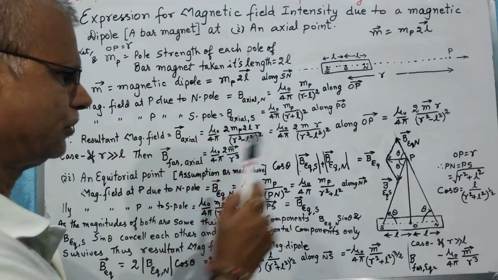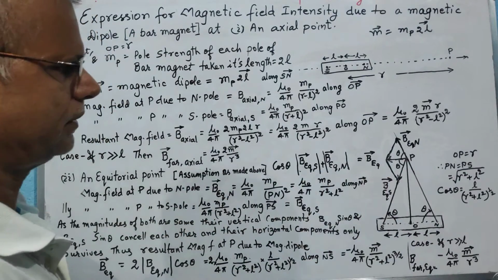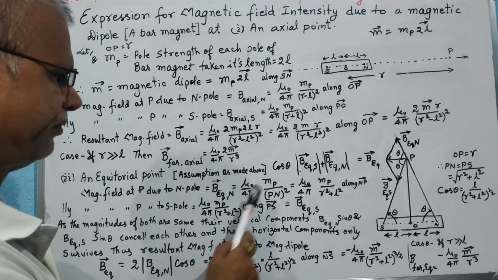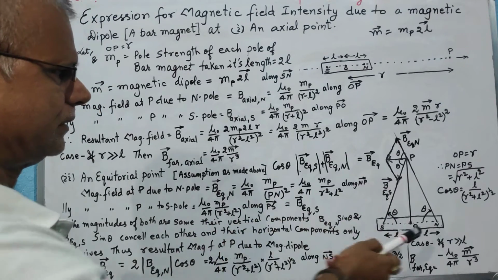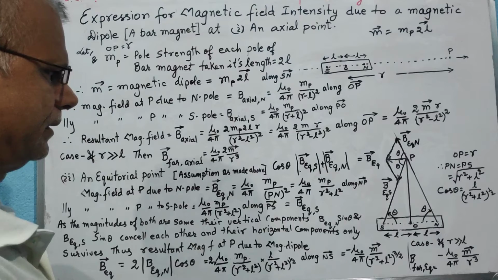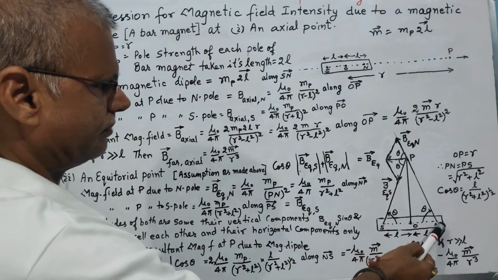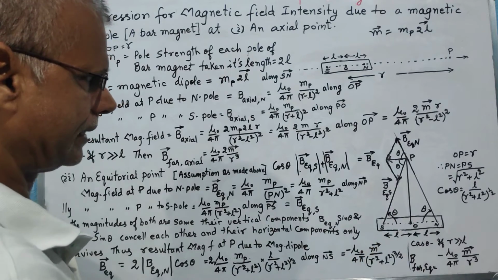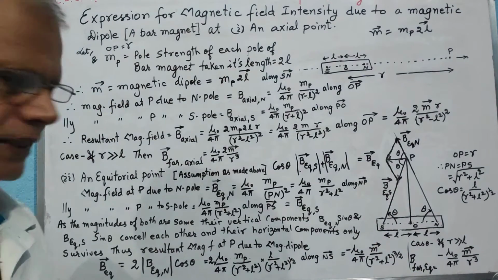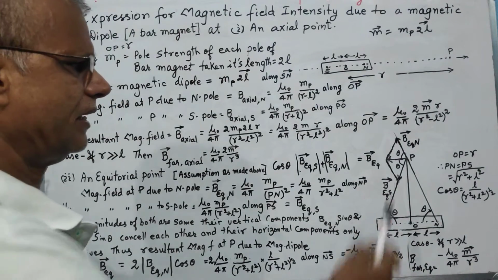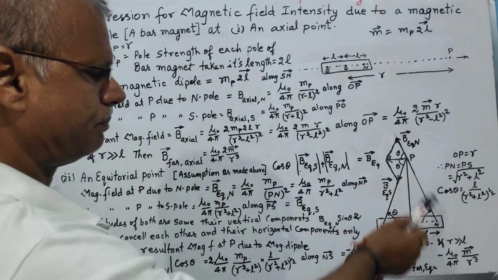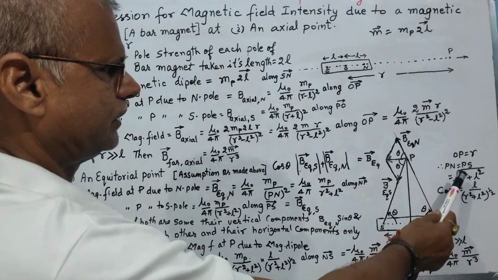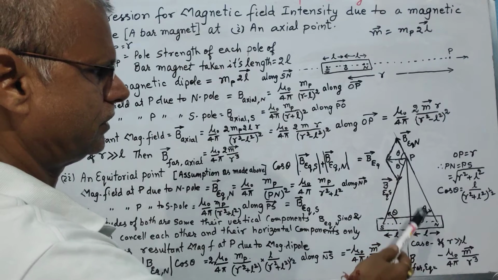So the magnetic field due to the north pole at point P will be mu 0 by 4 pi, which is a constant, times mp, the pole strength we have taken, divided by the square of the distance, that is PN. But PN is the hypotenuse of the right angle triangle PON, and therefore it can be found.